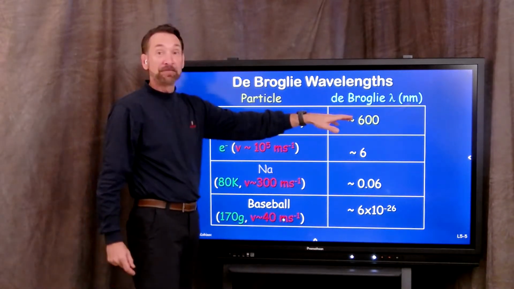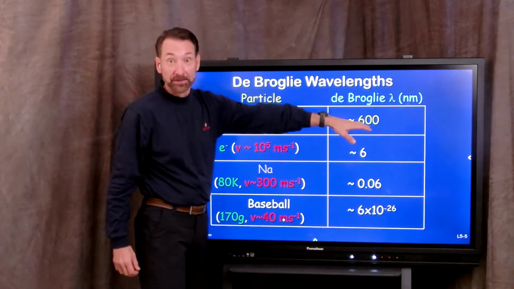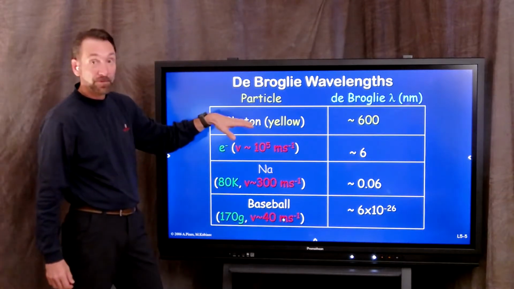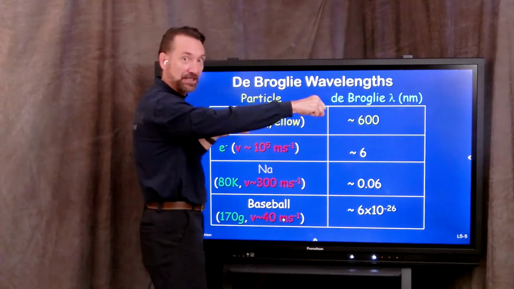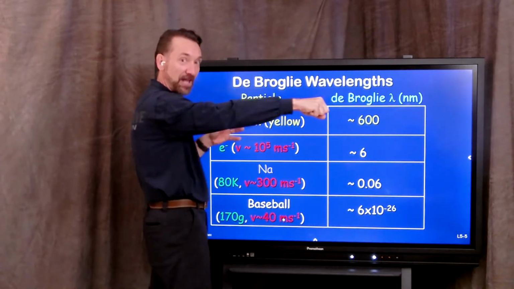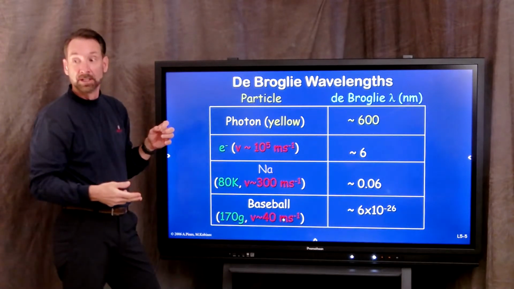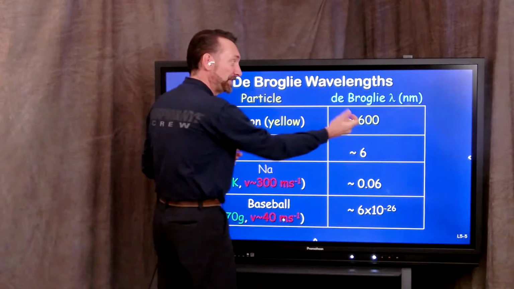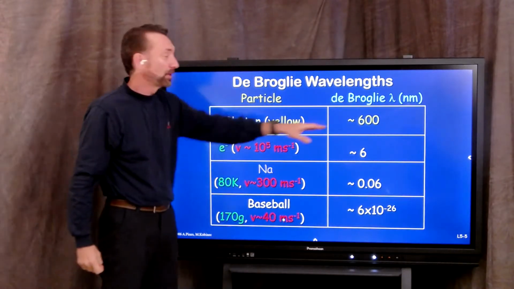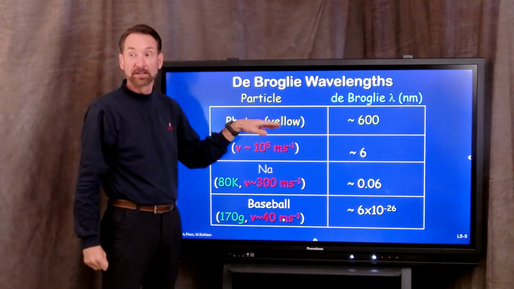If you're manifestly a wave like light, then your de Broglie wavelength is your wavelength. So a yellow photon, the packet of energy, the particle of light with energy h times nu, has a de Broglie wavelength of 600 nanometers. That corresponds to yellow light.